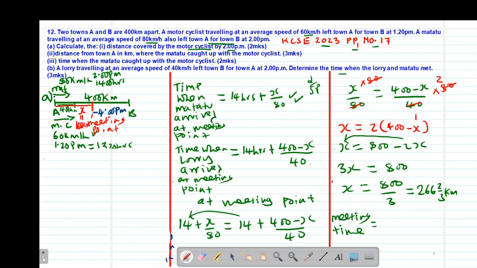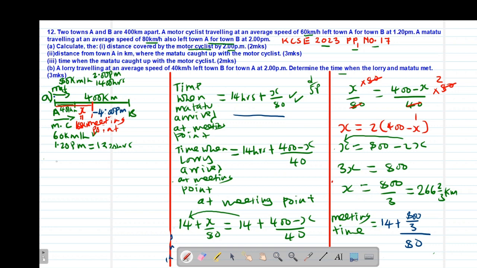It was 14 hours, then you add x over 80. So let me use my x as 800/3, then divided by 80.